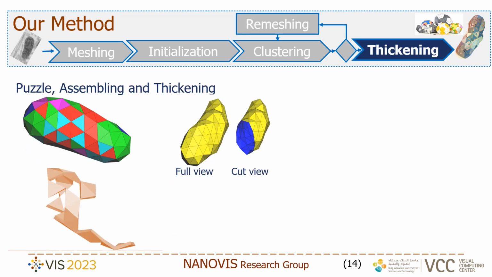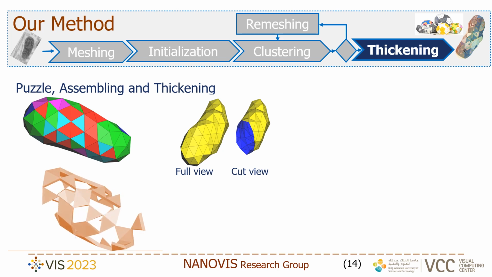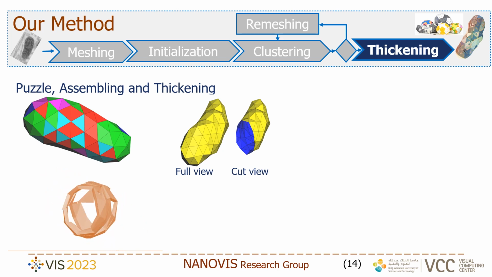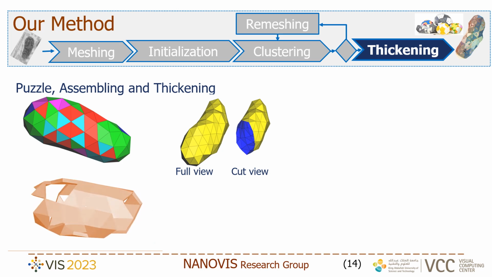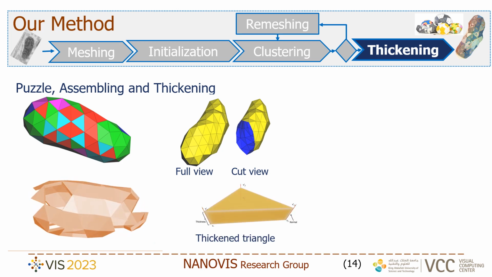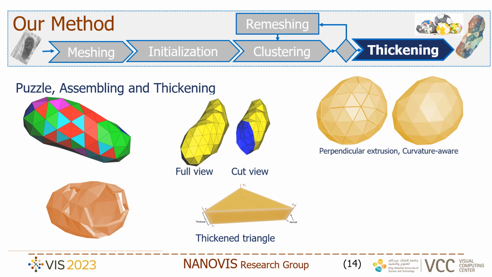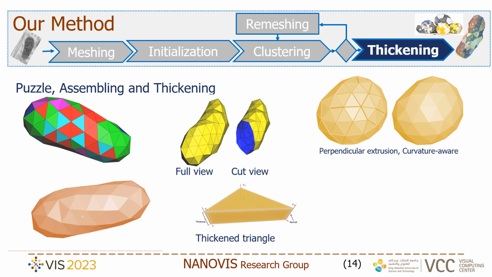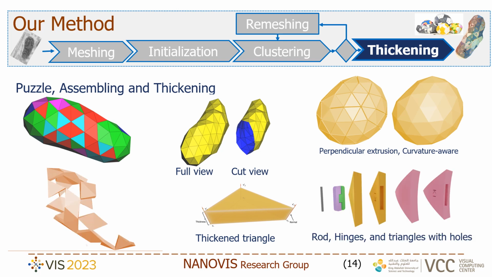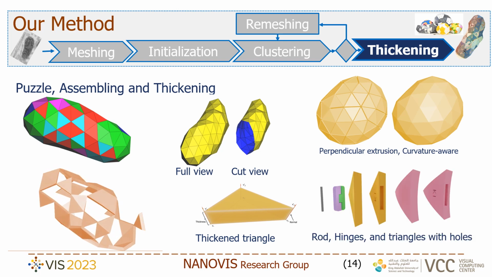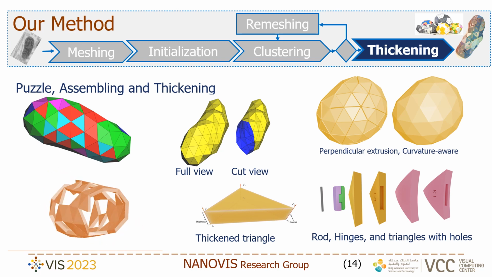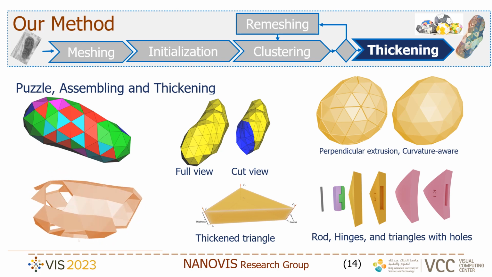After getting the k-set triangulation, the next step is thickening. You can see the cut view: the surface mesh has no thickness. We thicken the mesh in the direction of the vertex normal. These models show thickness by perpendicular extrusion on the left side and our method of curvature-aware thickening on the right. After this, we create holes in these triangles and design unique hinges for their assembly and reconfigurability.